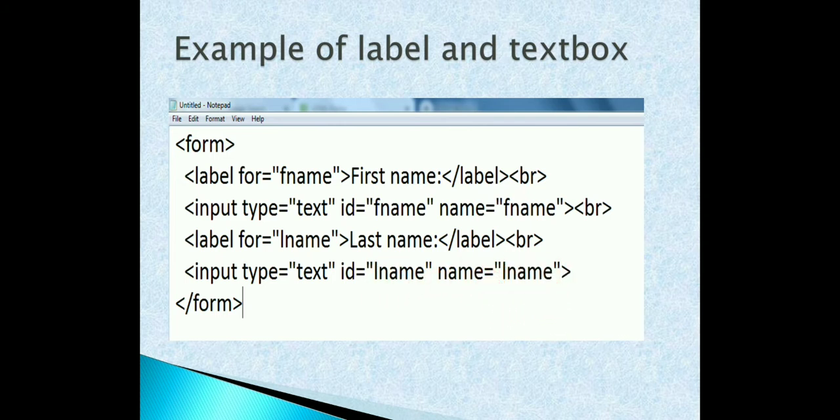Generally IDs are used in CSS for the formatting of these input types, and names are used for accessing the values of these input types in any scripting language. So for fetching the values they use the name attribute. That's why we define here the name.